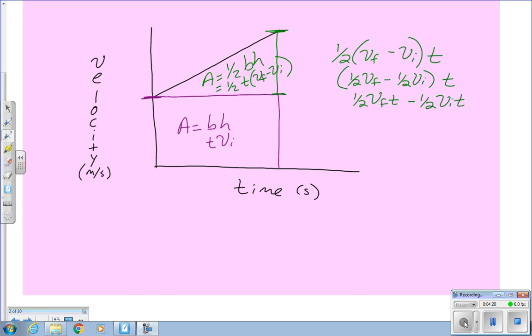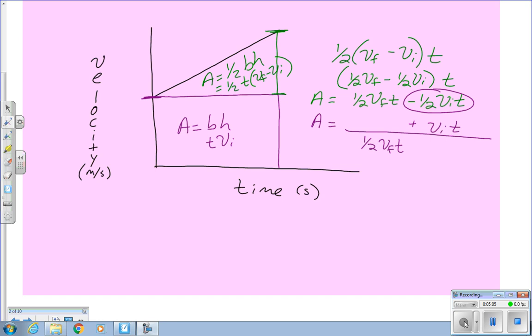So this is the area of the top portion, and we have to add in the area of the bottom portion, which is just, I'm going to rearrange that also, VI times t. So if we add these two things together, we'd have 1/2 of VF times t. And then this is basically a negative 1/2 VI times t, and if we add a positive whole VI times t, negative 1/2 plus positive 1 would be positive 1/2, right?